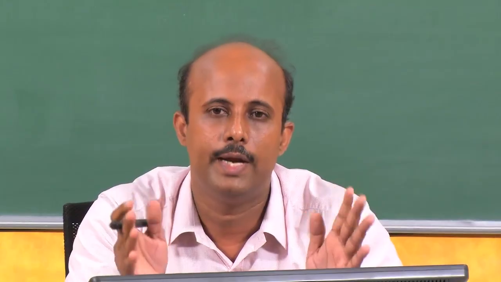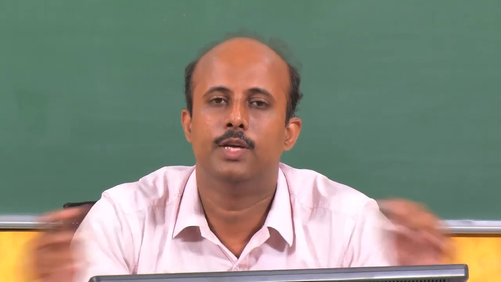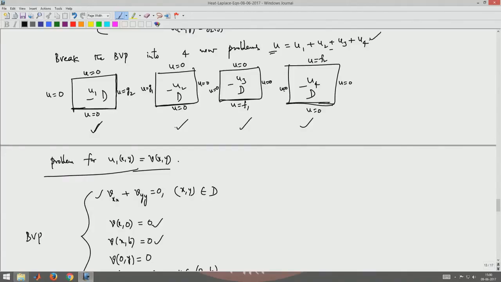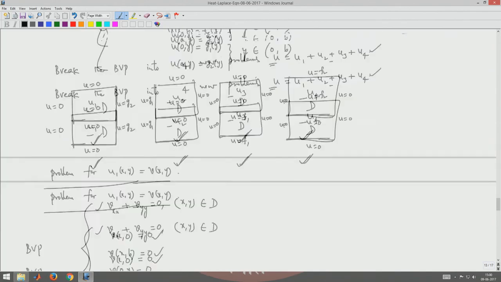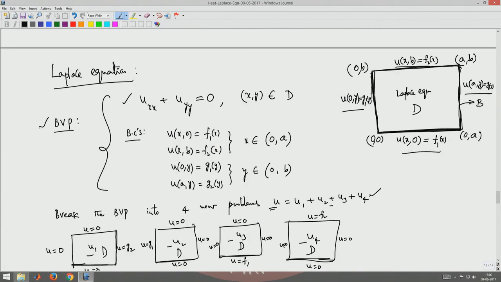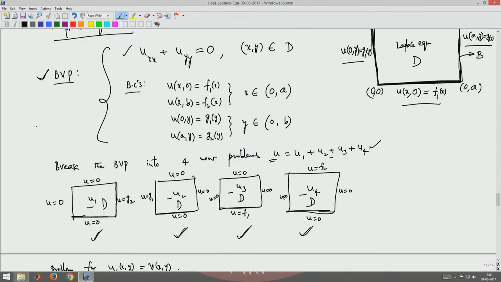You need two opposite ends, at least two boundary conditions should be homogeneous, zero boundary conditions. What you have done is you solved only the problem u1. In the same fashion you can solve for u2, apply the same technique, u1, u2, u3, u4, and you combine them to get the solution for u. This is how you can solve this rectangle problem with Dirichlet boundary conditions.